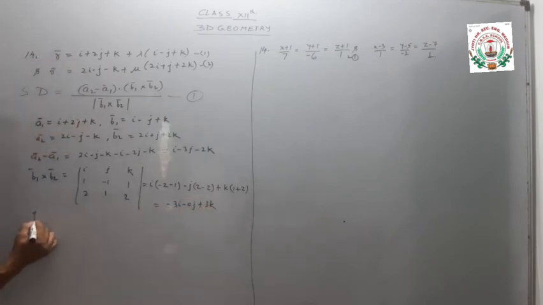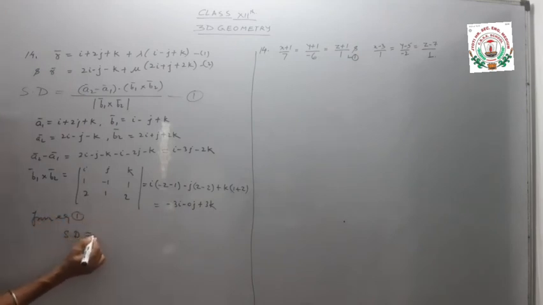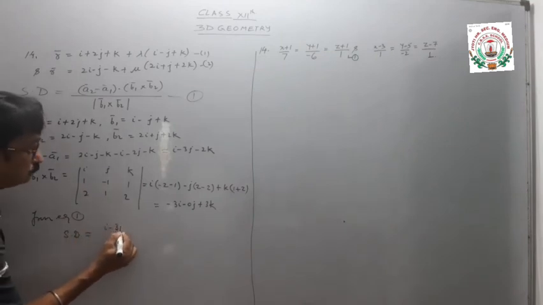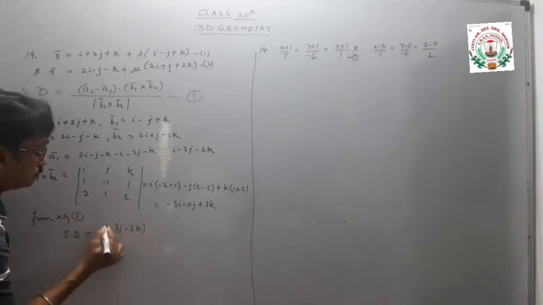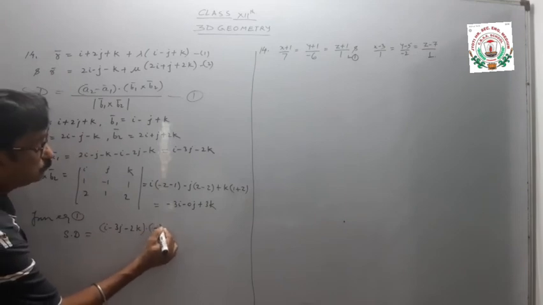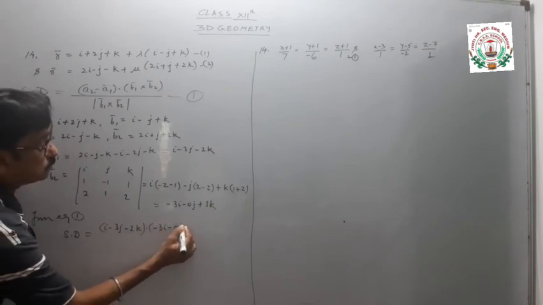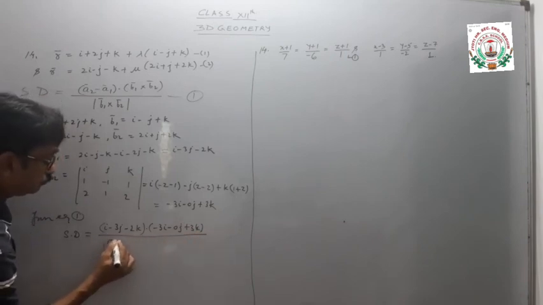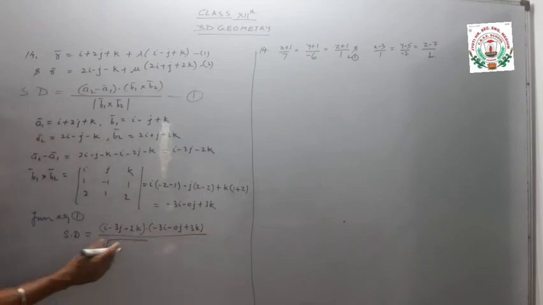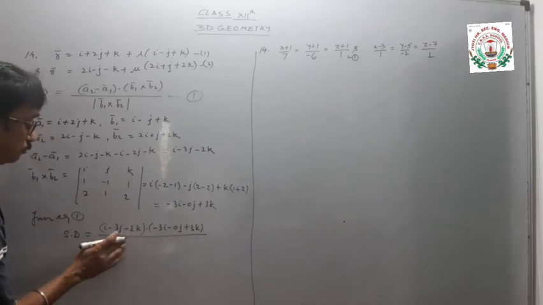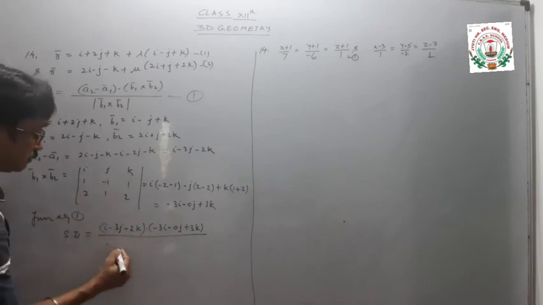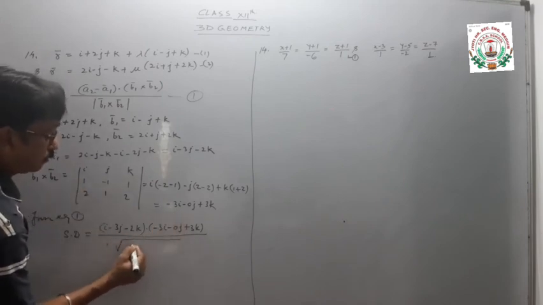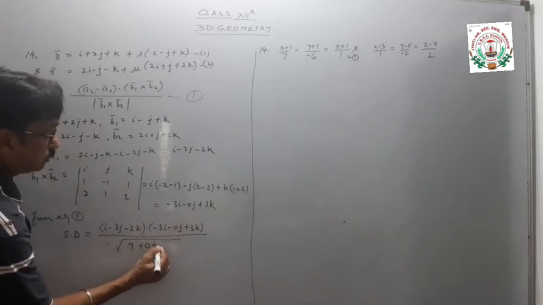Which becomes minus 3I minus 0j plus 3k. Now from equation number 1, the shortest distance formula: a2 minus a1, we got it as I minus 3j minus 2k, dot b1 cross b2, minus 3I minus 0j plus 3k, upon the modulus of b1 cross b2. What value will we get? 3 squared and minus 3 squared are 9, 0 and 9.